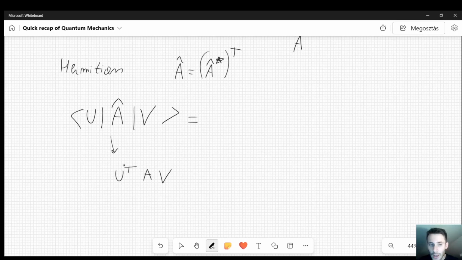But in this case, we have to be a little bit careful because this U, denoted like this, is a certain vector transpose, but also complex conjugated.